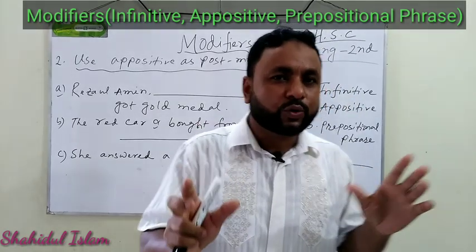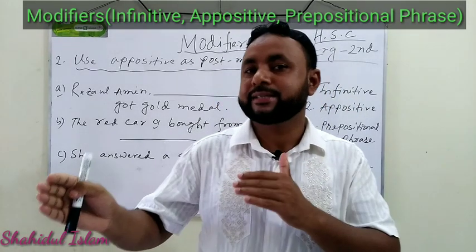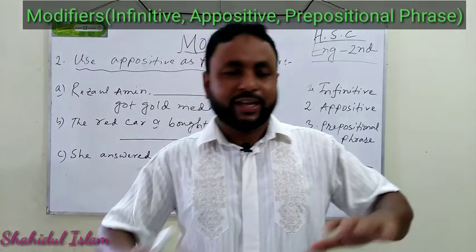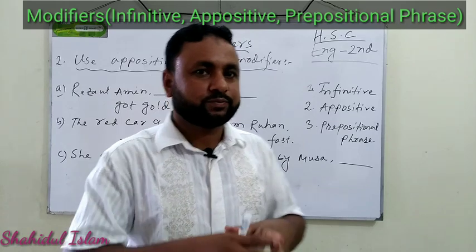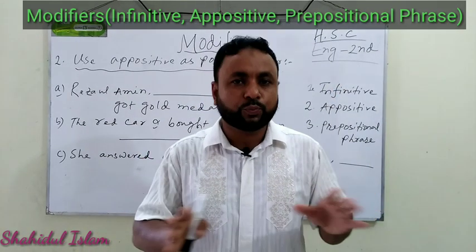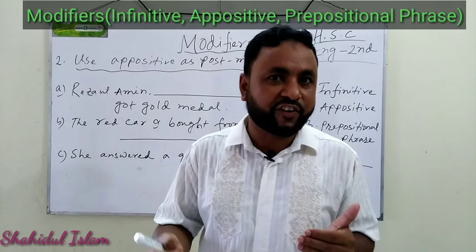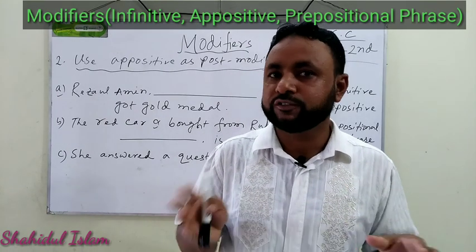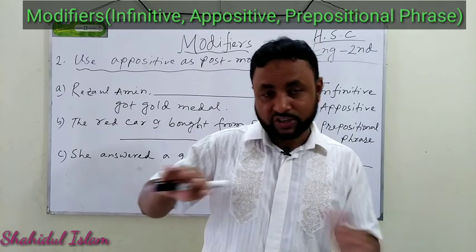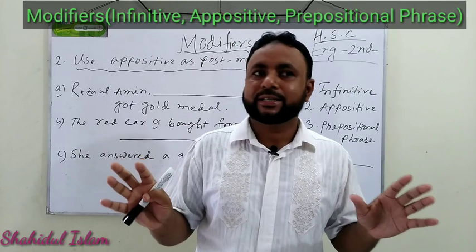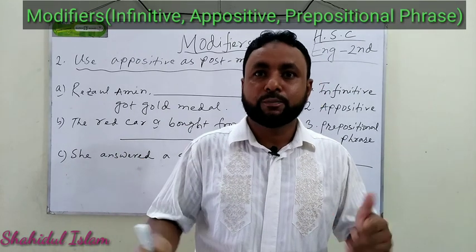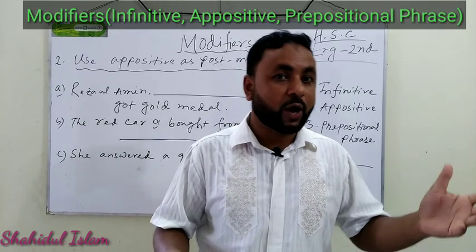The two nouns sit side by side, and one noun clarifies the other noun. An appositive will not affect the meaning of the whole sentence; without it you can continue your sentence, but if you add it, you will add more information about the noun or pronoun.